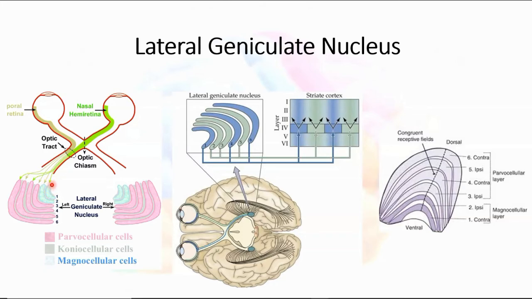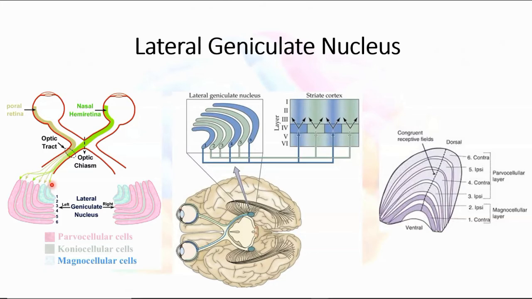In the LGN, inputs from visual information relayed from retinal ganglion cells are highly organized. Each left and right LGN receives inputs from both eyes.